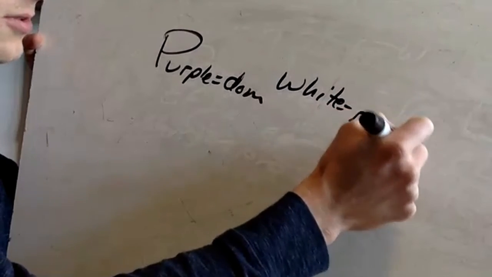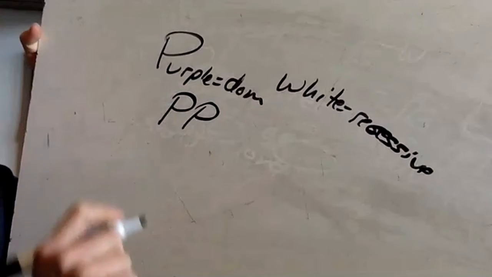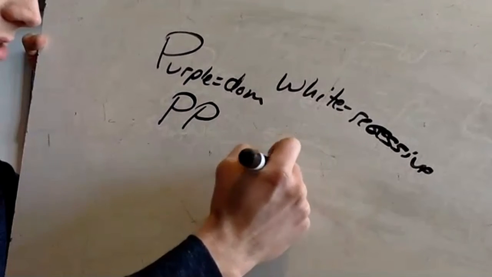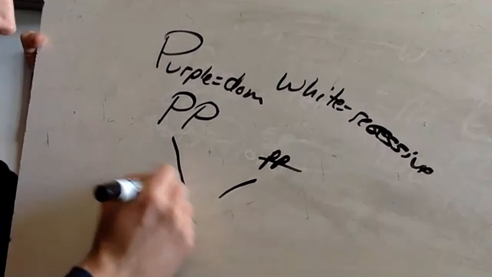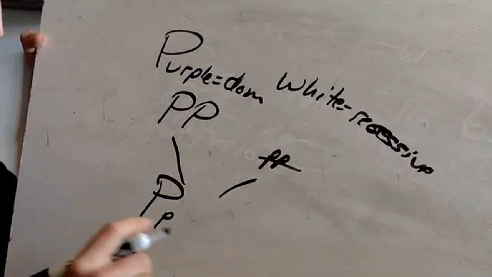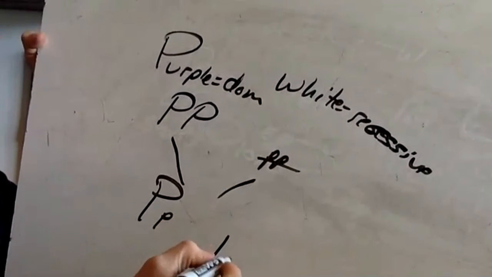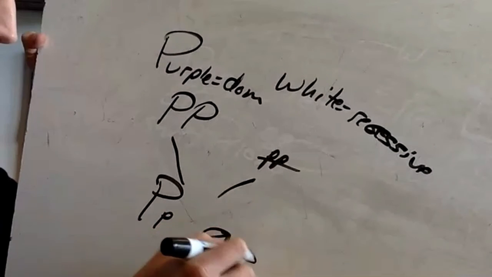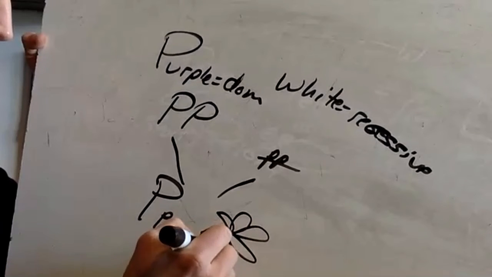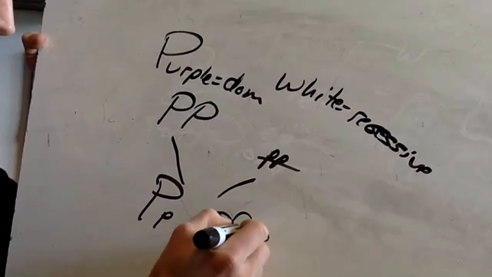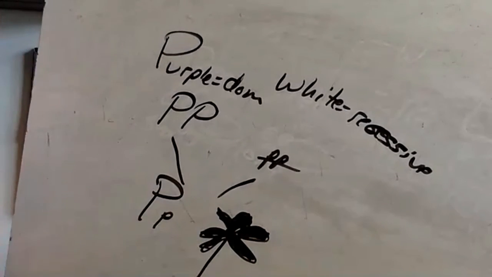So if we took a purebred purple flower and we bred it together with a purebred white flower, offspring would be big P, little p. And they would look like a flower that has what color petals? All purple. I'll color these in. Every single one of them is going to be purple.